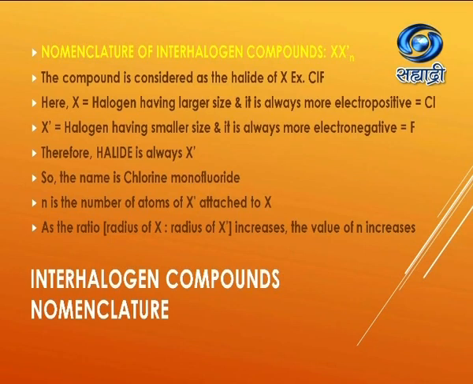So the name is chlorine monofluoride. n is the number of atoms of X' attached to X. So here is only one fluorine and so it is monofluoride. If the number of atoms of X' is increased, accordingly one can add trifluoride, pentafluoride, etc. As the ratio of radius of X to radius of X' increases, the value of n increases.